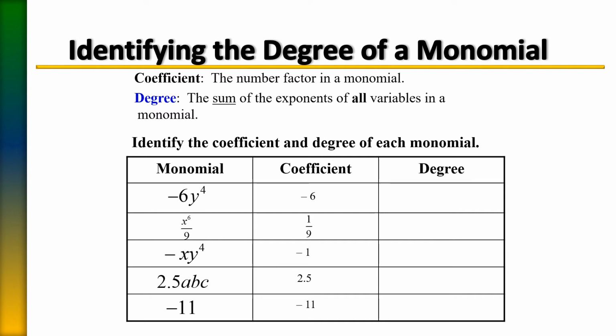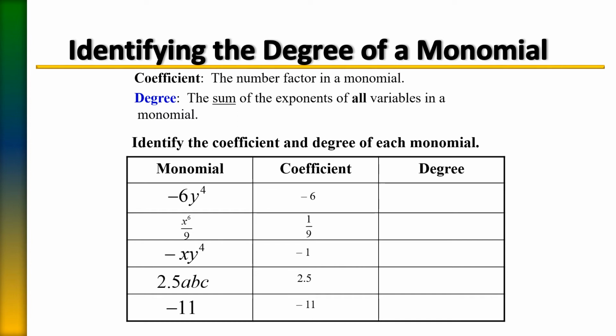So again, it is the variables. It has nothing to do with the number. The degree has only to do with the variables. So what you do is you look at the degree or what the variable is raised to and add them all up, and that will be your degree.